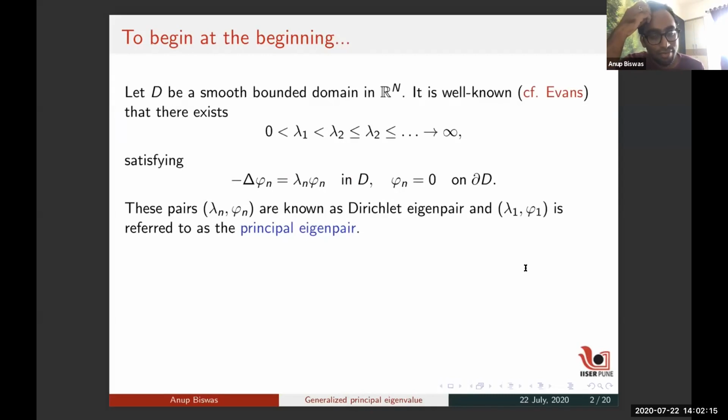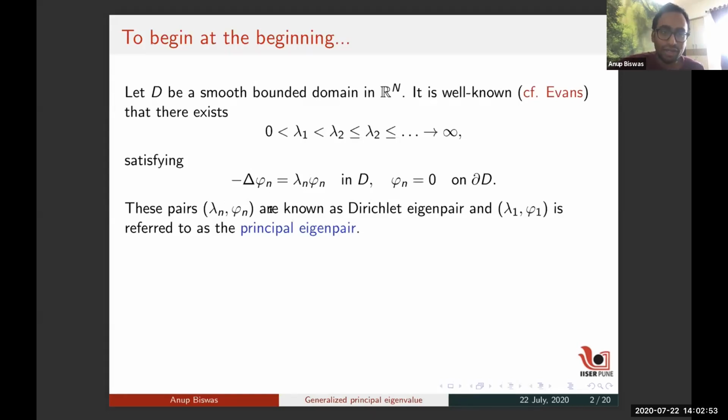This is something many of us might have seen in a classical course in PDE, or the first course in PDE. If you take a smooth bounded domain and you look at all the eigenvalues of this operator solving this Dirichlet boundary condition, it's known that there exists a sequence of infinitely many eigenvalues going to infinity, the first one being positive, solving this eigenvalue problem.